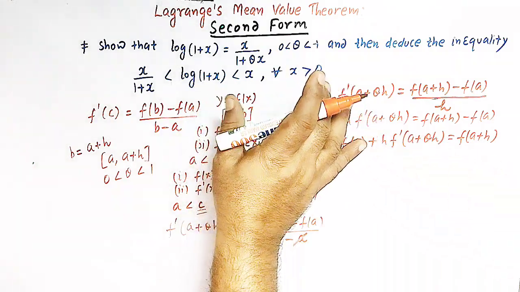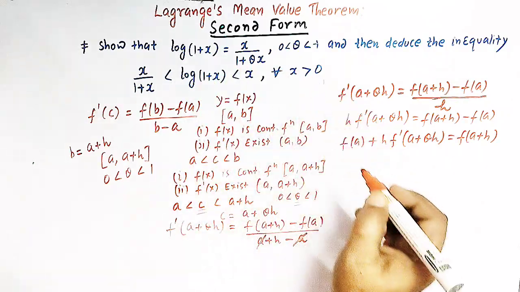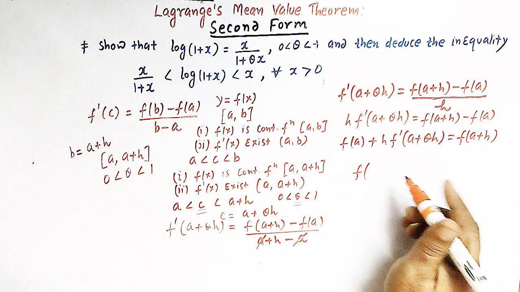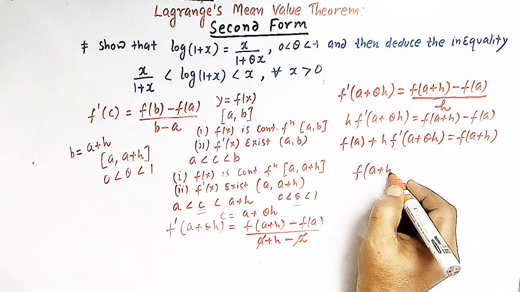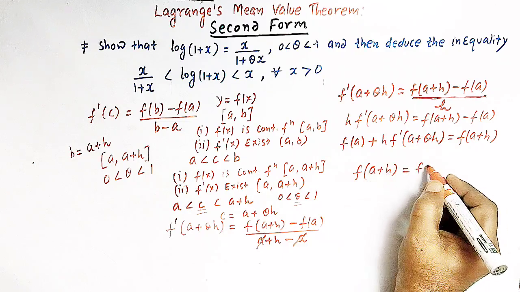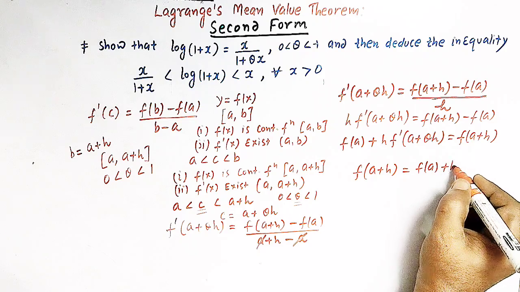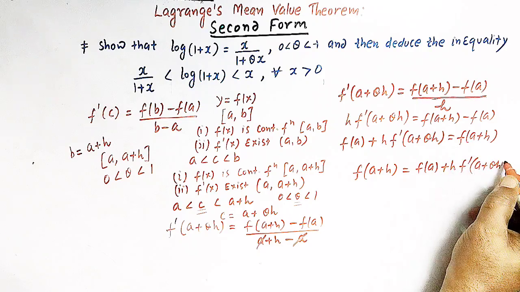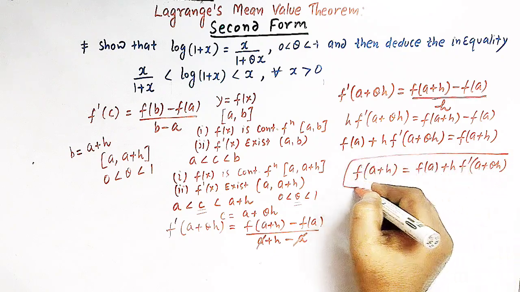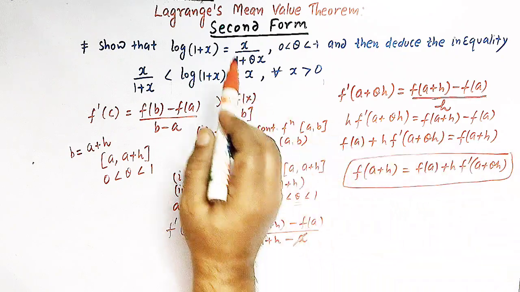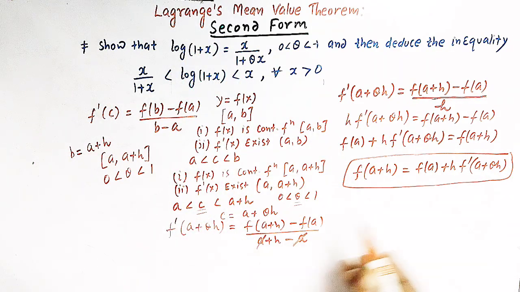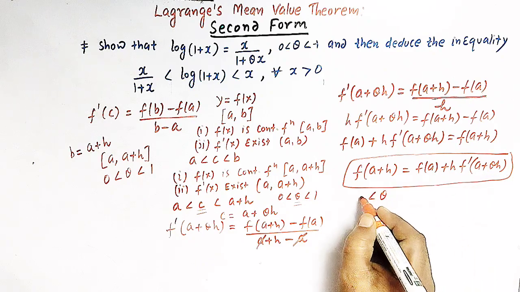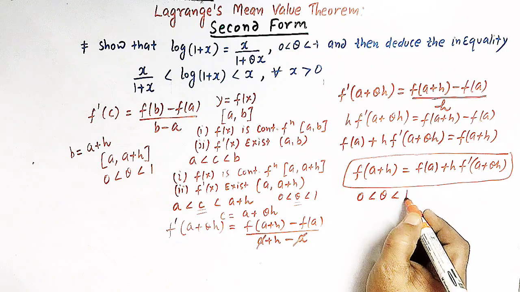So Lagrange's mean value theorem in second form can be expressed by this equation, that is f of a plus h is equal to f of a plus h times f prime of a plus theta h. So this is known as the second form of Lagrange's mean value theorem, where this quantity theta lies between 0 and 1, right?